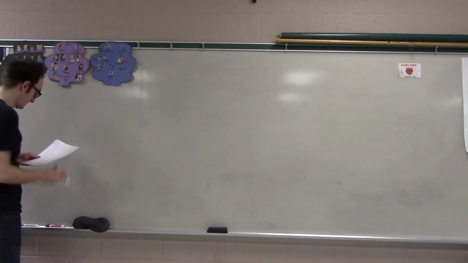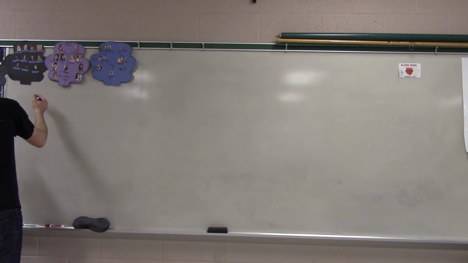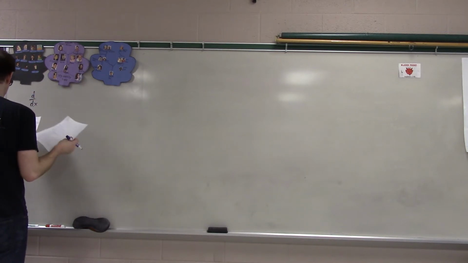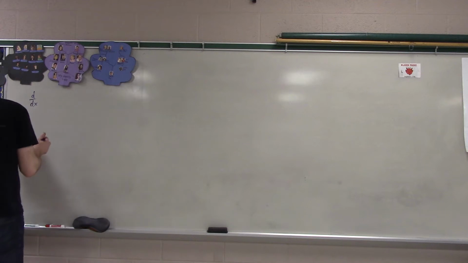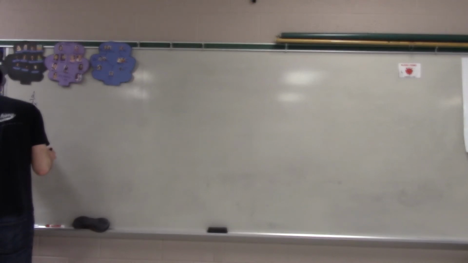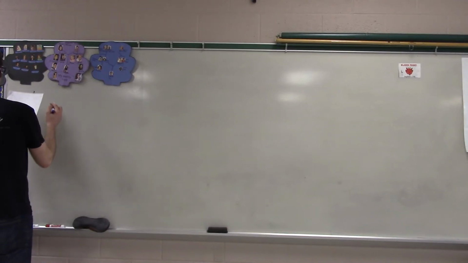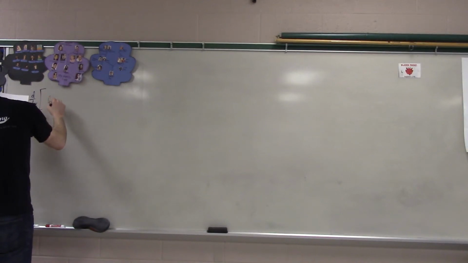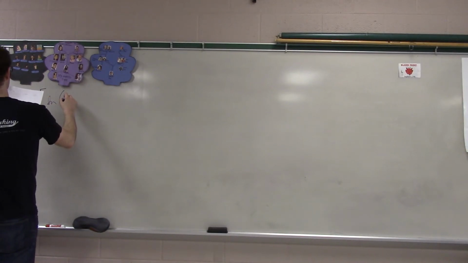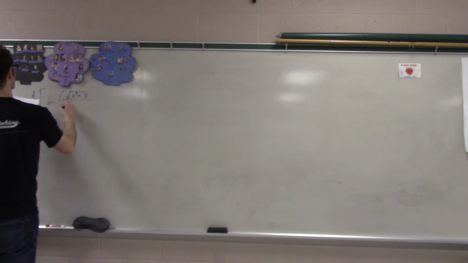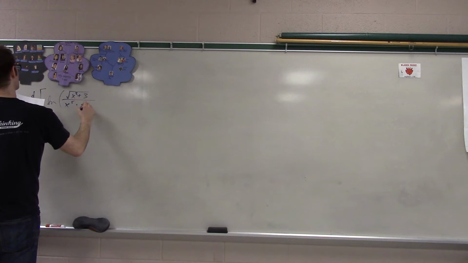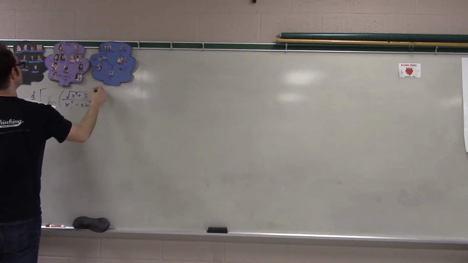So here is a problem. Let's differentiate the natural log of the square root of x squared plus 3 over x to the 5th times sine cubed x.